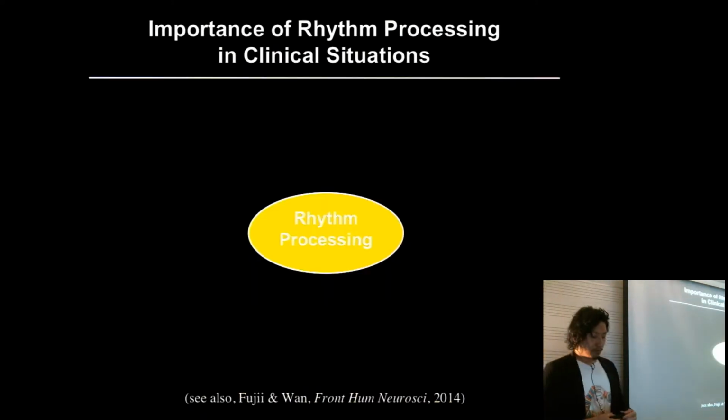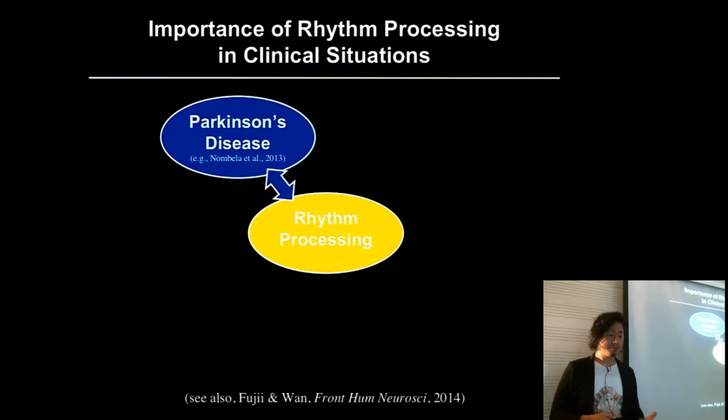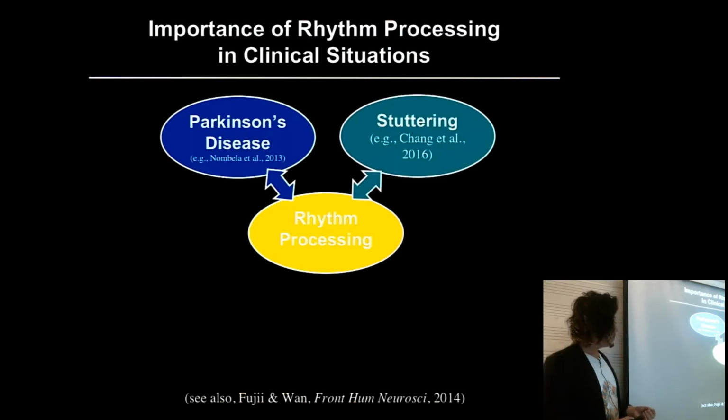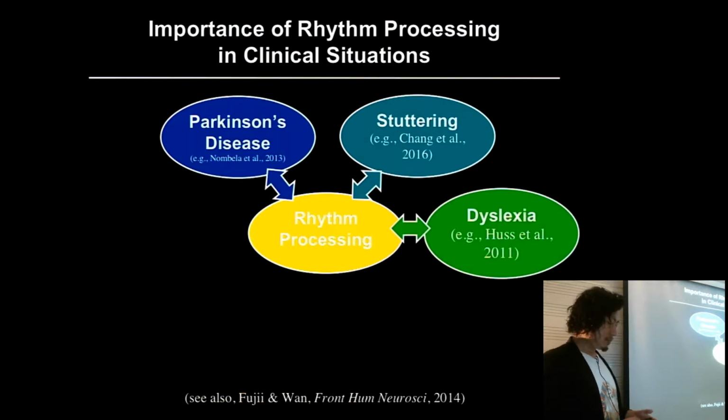Now I'd like to emphasize the importance of rhythm processing in clinical settings. Recently there are a lot of studies about rhythm processing and Parkinson's disease. David Macaulay's group is investigating stuttering.